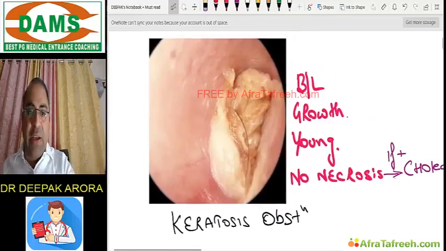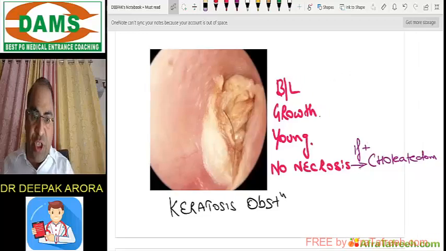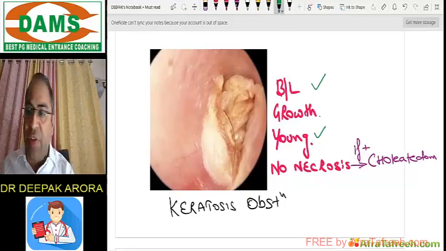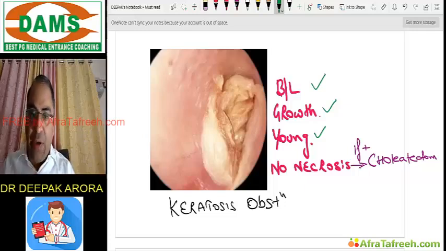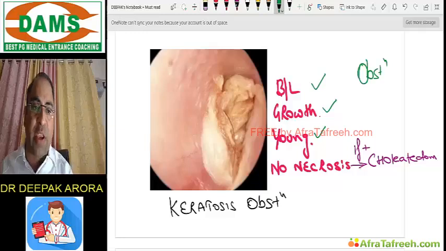If the examiner gives you a history of ear obstruction, young patient, bilateral condition, a growth abnormality, an obstruction in the external auditory canal, bilateral, age somewhere 5 to 20 years, what do we call it?